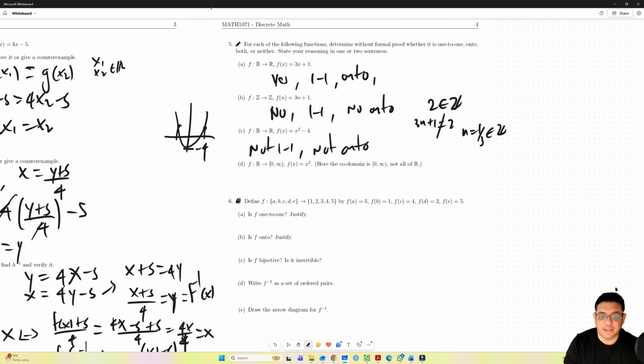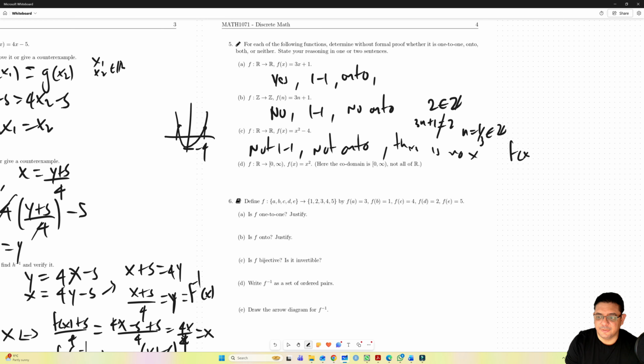So that's not going to make it one-to-one. And it's not onto because you're not going to have all possible values. For example, you can see that this only reaches down to minus 4. But if you take minus 5, you're not going to have elements that work out with that.